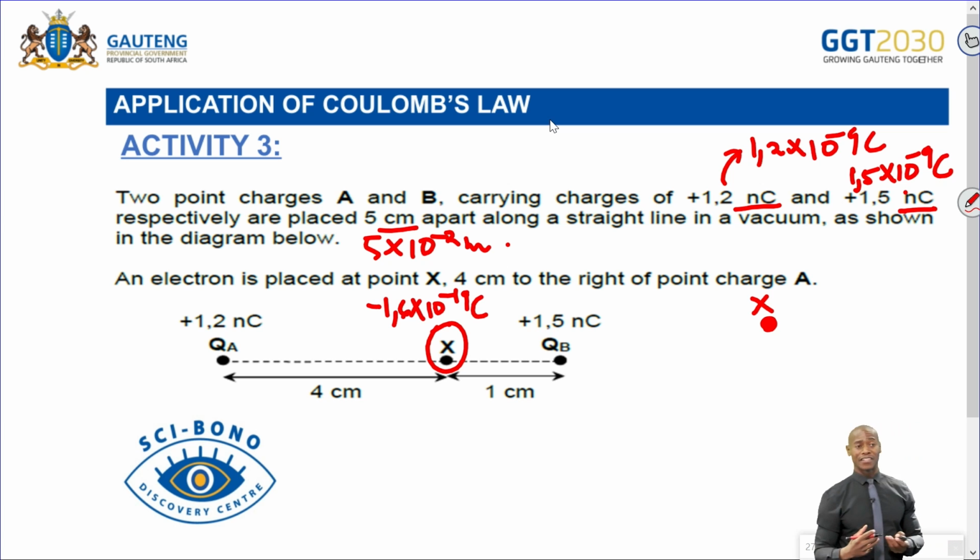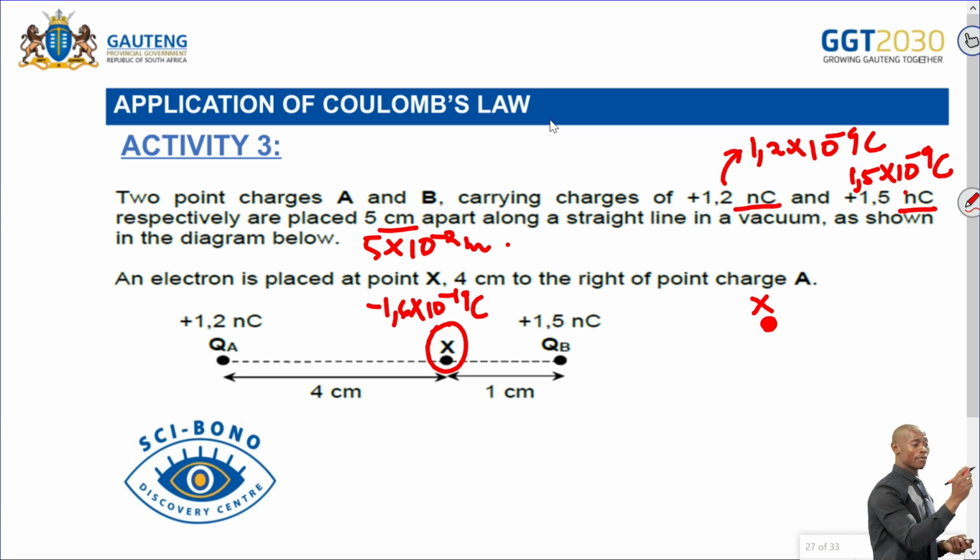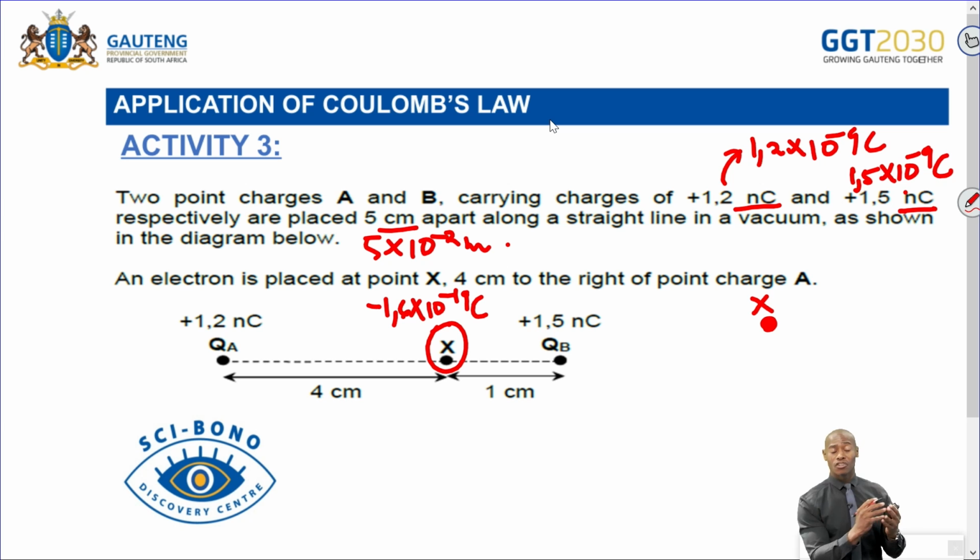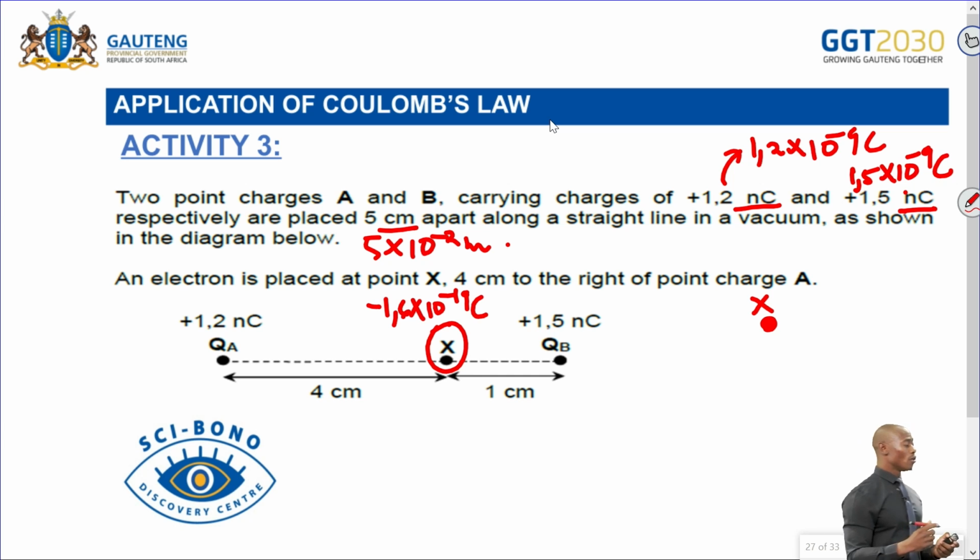Why attraction? X is negative, QB is positive. The force between X and QA is also attraction, because QA is positive but X is negative.